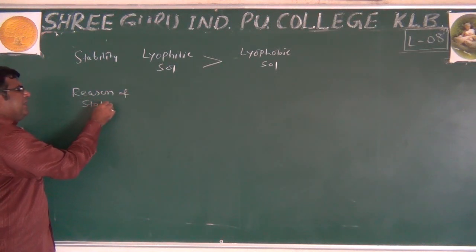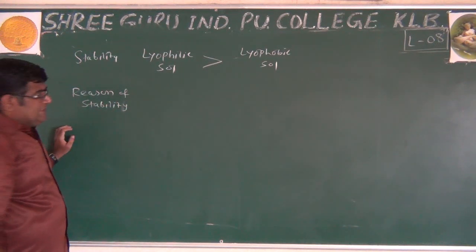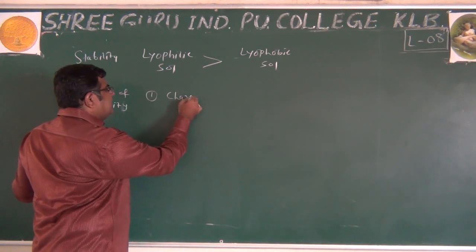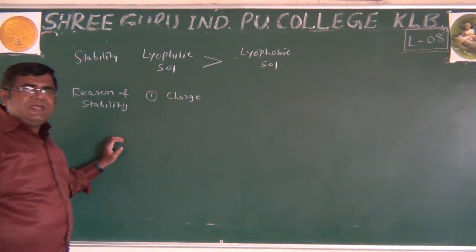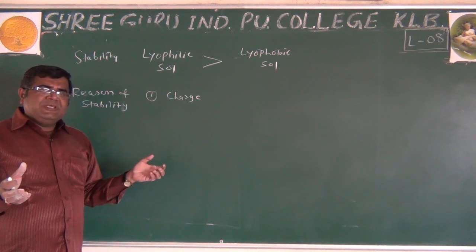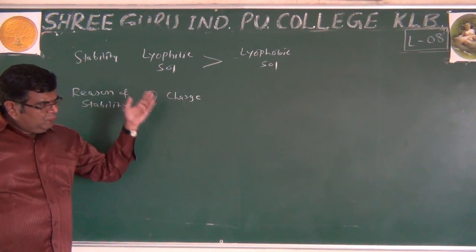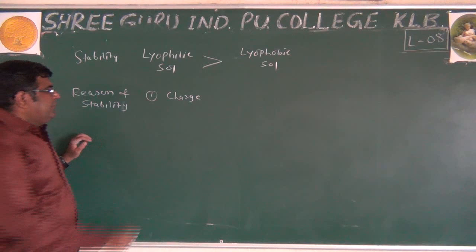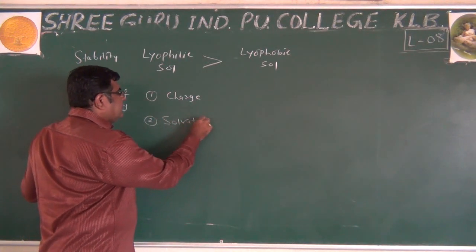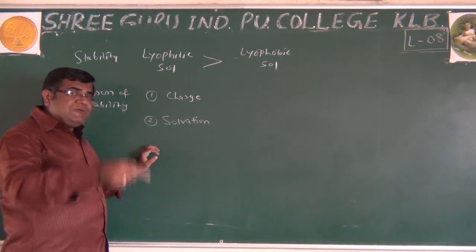The cause of stability. There are two causes in lyophilic. First is charge. They carry similar charges and there is a force of repulsion between them. They won't come closer, they won't get coagulated. Another is solvation. Solvation means the solvent molecules surround them.